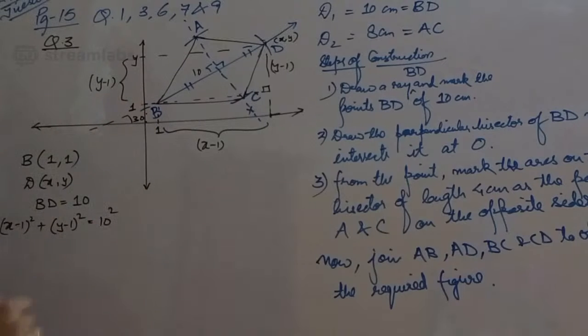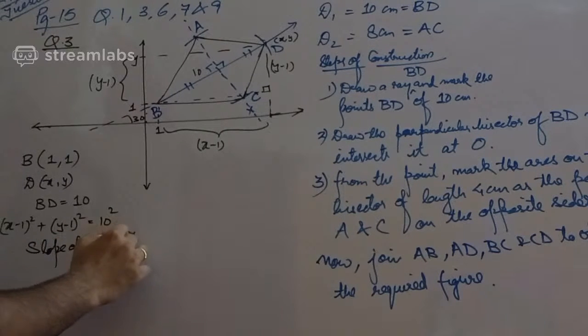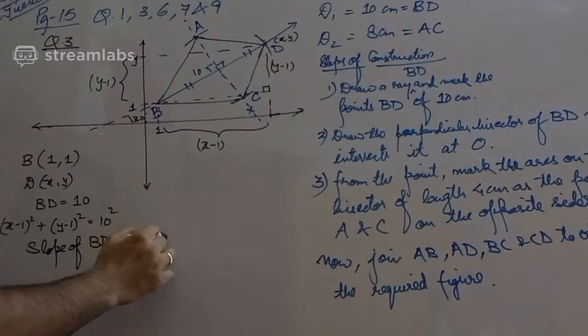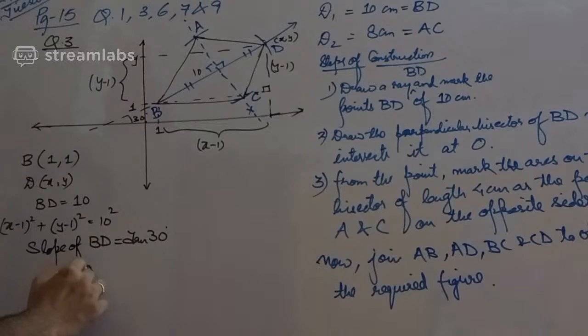So I have a slope of this line, I can use this concept as well. Say for example this is making 30 degrees, so the slope of BD, I can just use it. Slope of BD will come tan 30, say this is m1, which is 1 divided by root 3.